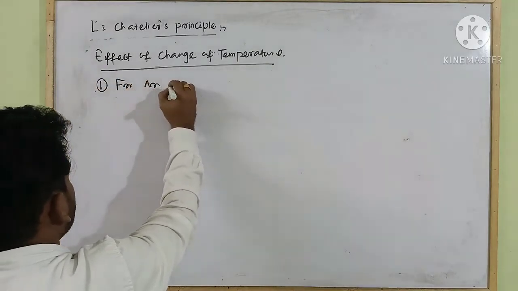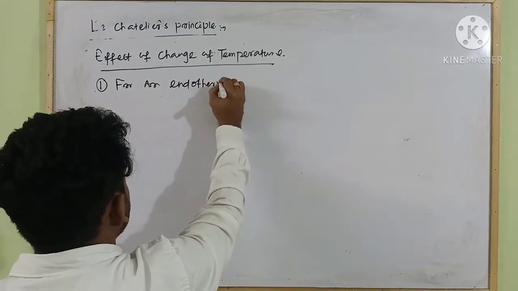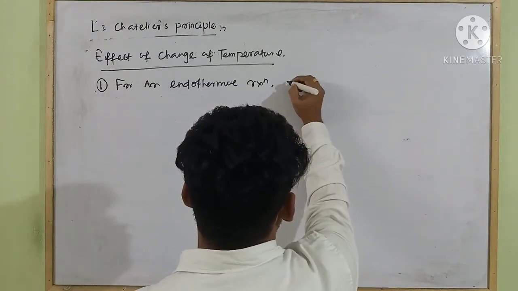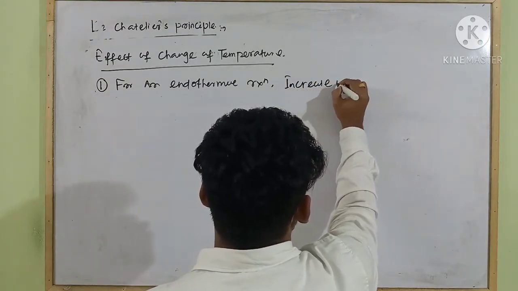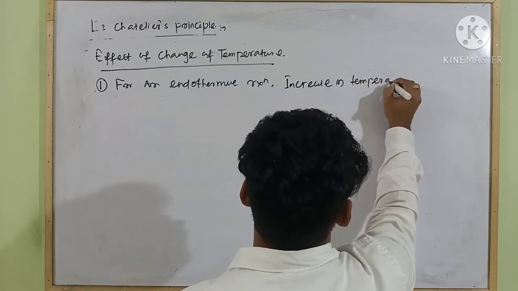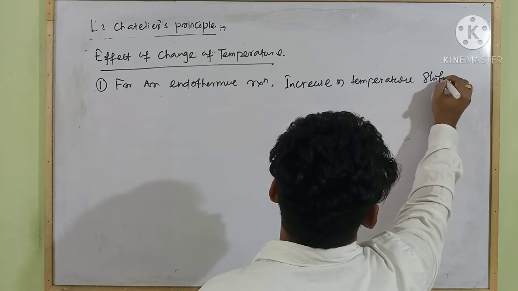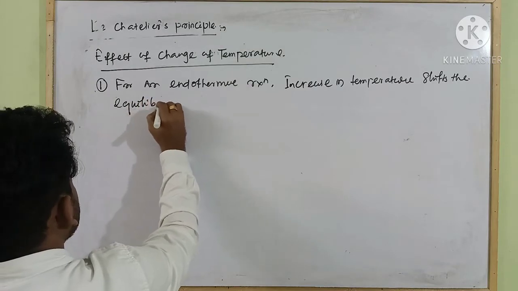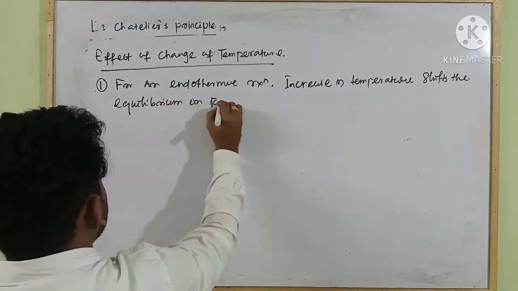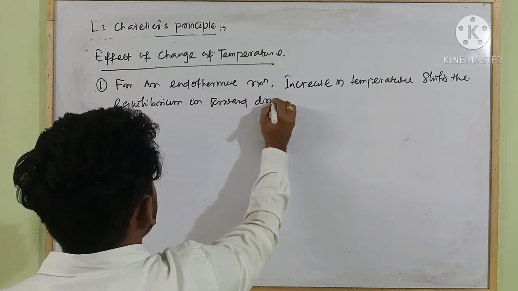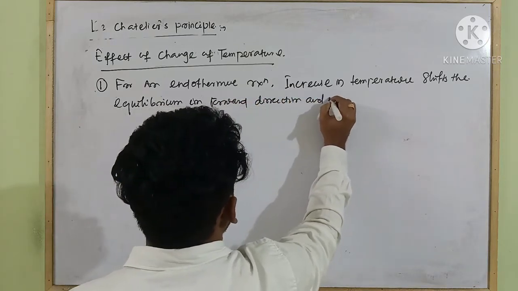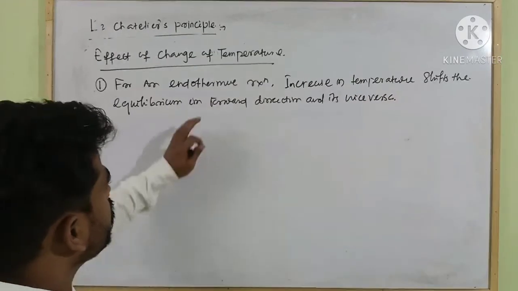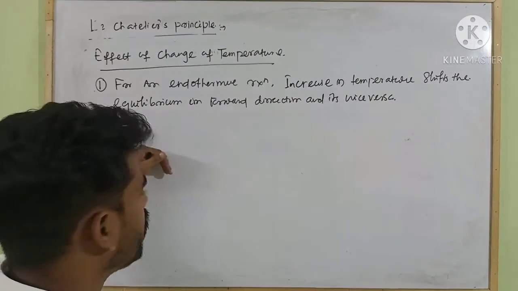For an endothermic reaction, increase in temperature shifts the equilibrium in the forward direction, and it's vice versa. That means for an endothermic reaction, if you decrease the temperature, the equilibrium shifts in the backward direction.